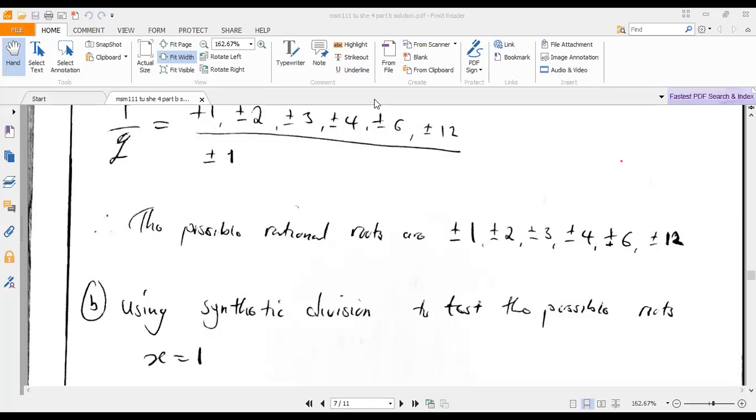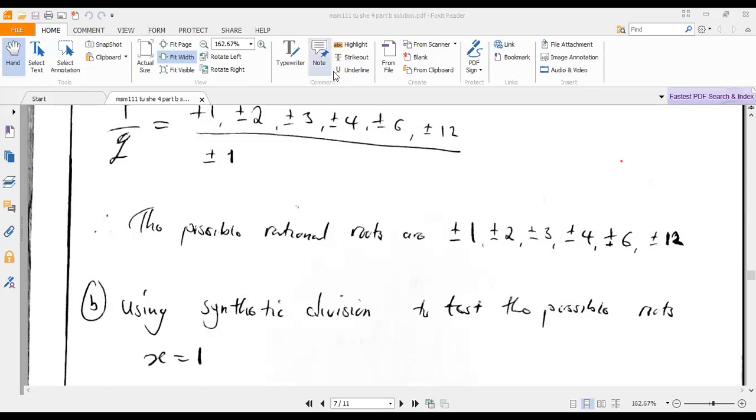Sorry, sir, how do you now use the same rational zeros to turn a given function into a linear factor? Into a linear factor. That's why I'm going to part B, so I think part B will be easier to explain.